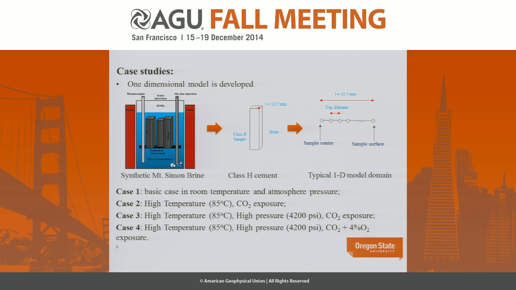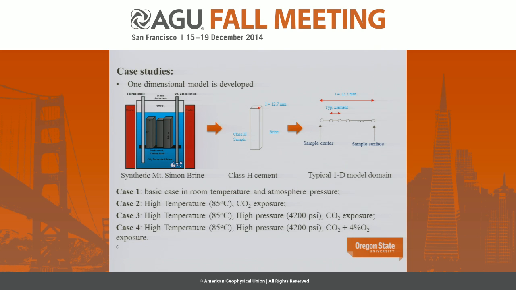The whole story of the project is summarized in these figures. We cast the sample, wait for 1 day for it to harden a little bit, and after that we put the sample in the brine at pressure up to 300 bars and temperature up to 85 degrees C, and make a one-dimensional model from a cross-section of the sample as shown in this figure, and make a discretization based on the geometry of the sample in the finite element software.